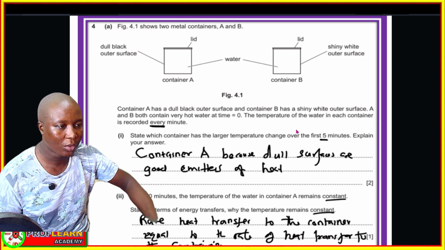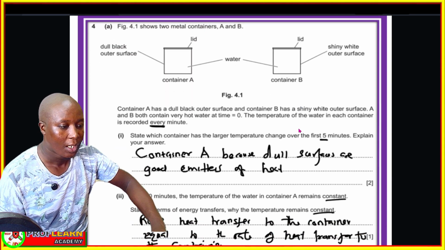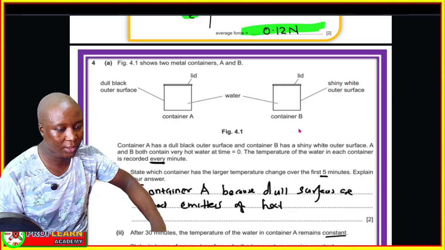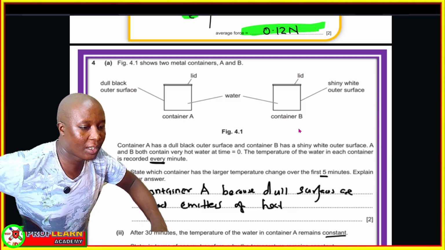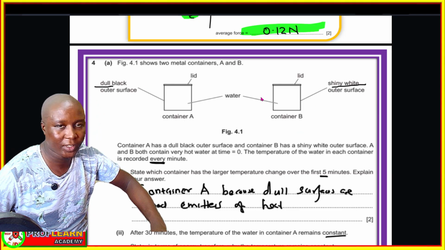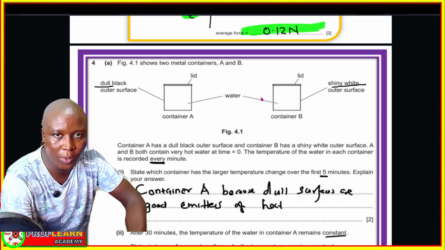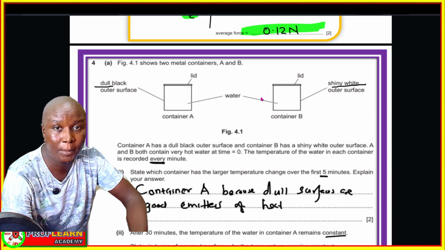Then there was a question on thermal energy, and in this case the student was supposed to state which container had a larger temperature change. We had a dull surface and a white shiny surface. Remember, dull surfaces are good emitters, or good absorbers, of heat.